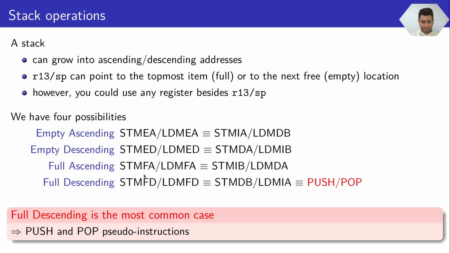Also STMFD and LDMFD are pseudo instructions. All of them are pseudo instructions. Those are the real instructions that we have already seen. But in the end, the most common instructions used when dealing with the stack are STMDB and LDMIA, and we have the pseudo instructions push and pop.